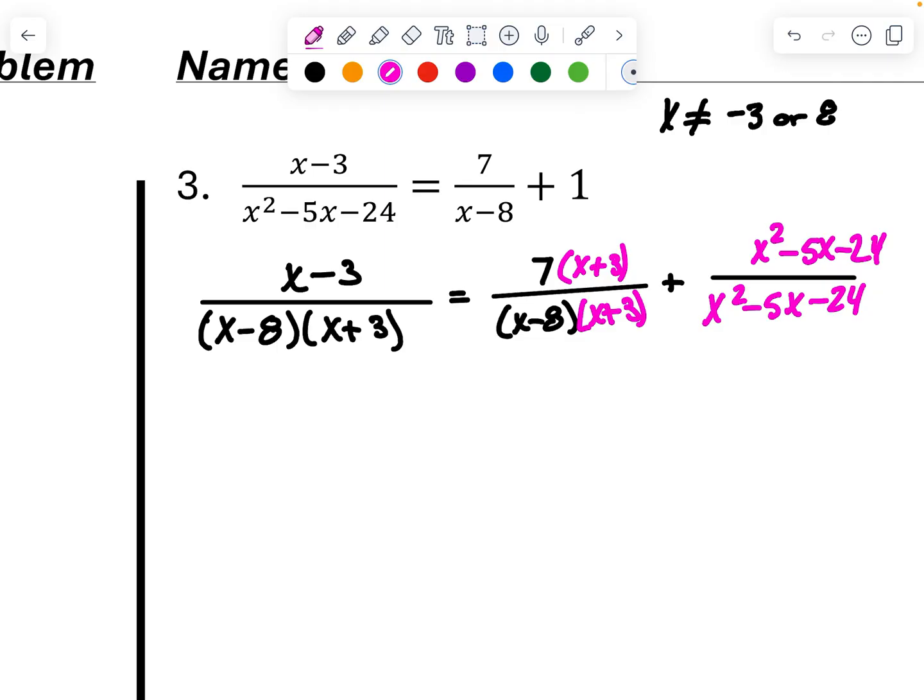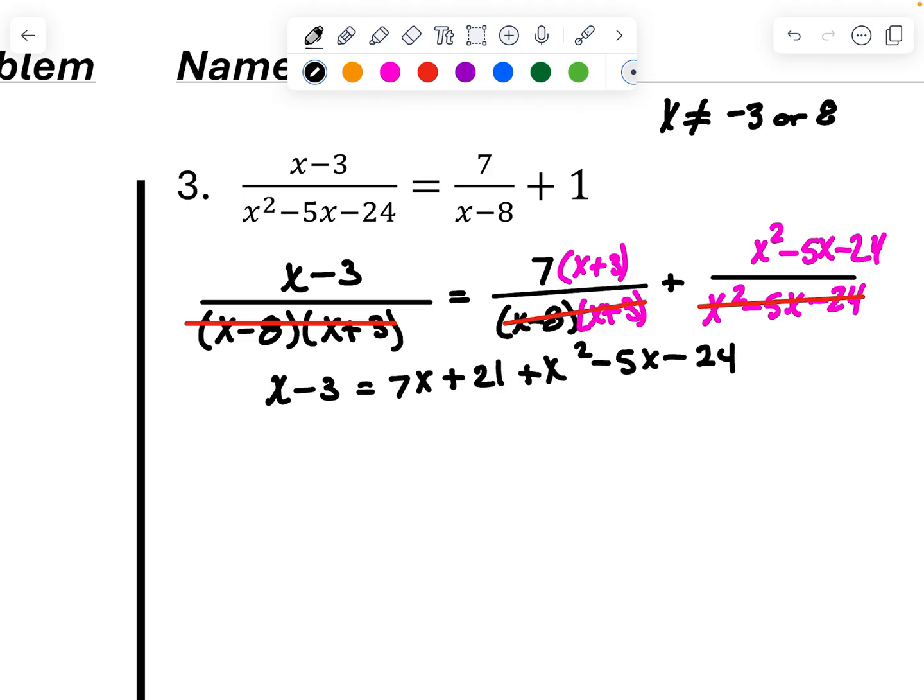So now that the denominators are all alike, the denominators are not there. We multiply by the denominators, they would go away. That would give us x minus 3 equals 7x plus 21 plus x squared minus 5x minus 24. Combine like terms.